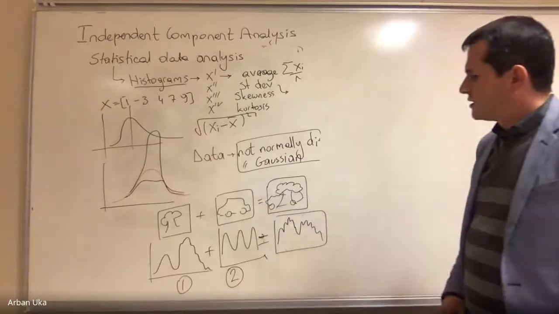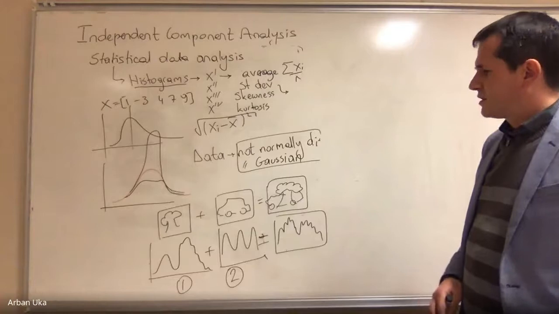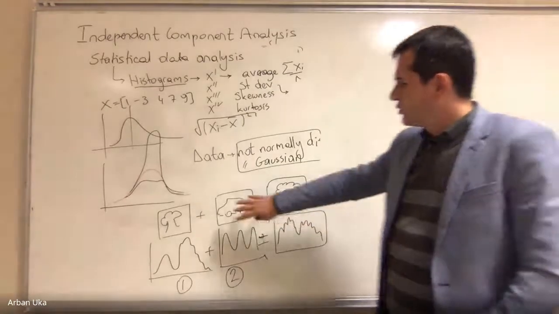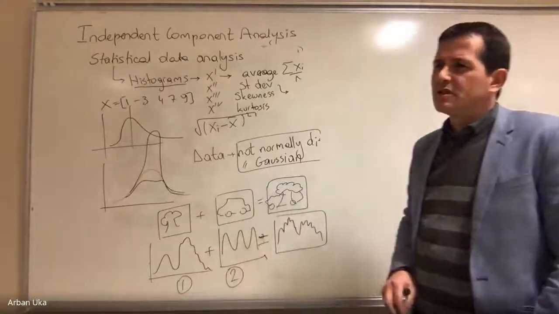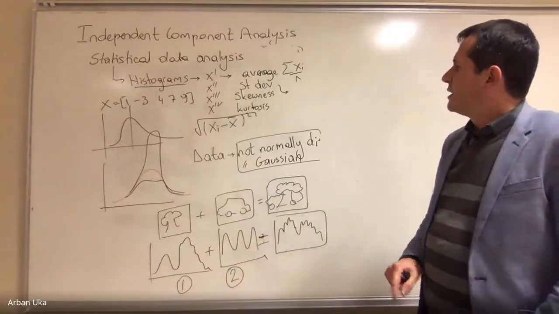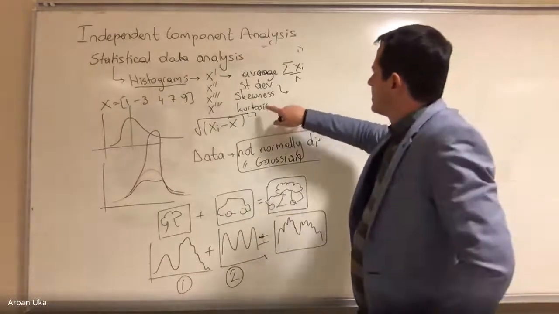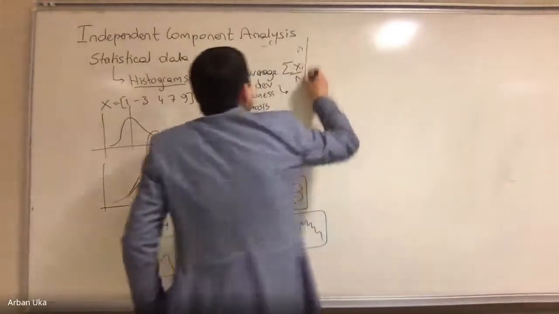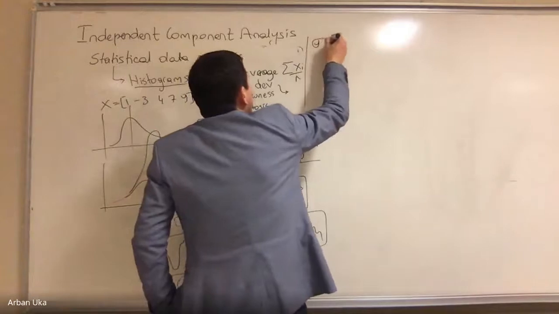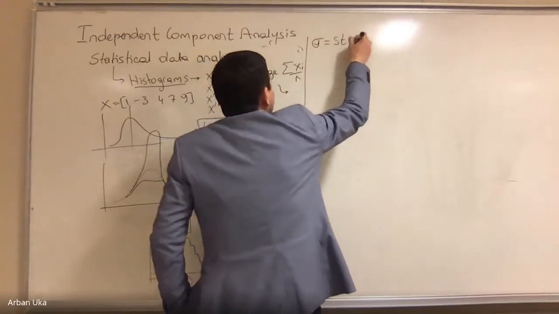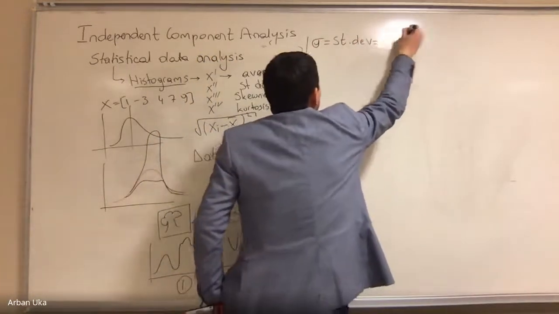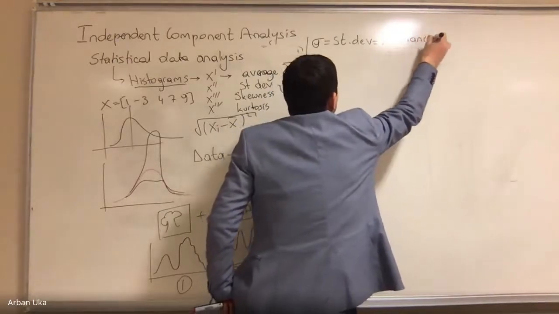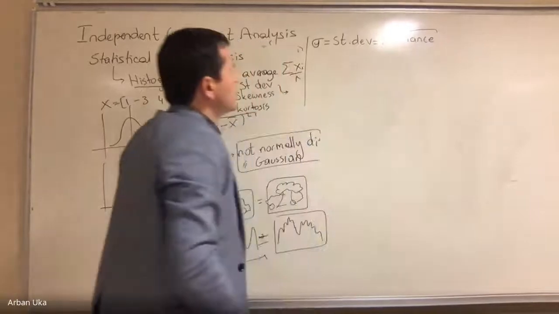Now, there is a tool which might be a little odd, which is used when we do this analysis. When we talk about the standard deviation, sigma, let me write this one: the standard deviation is the square root of variance.